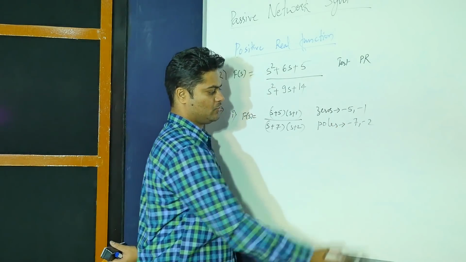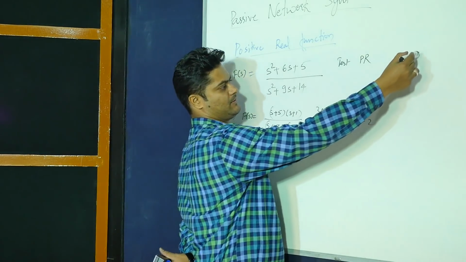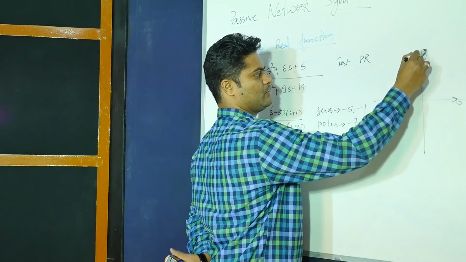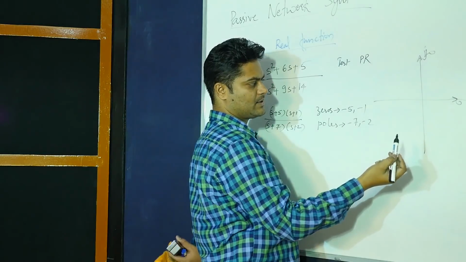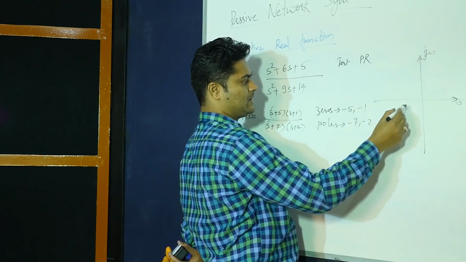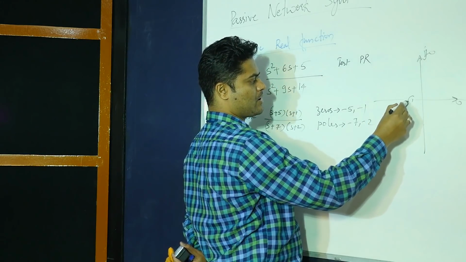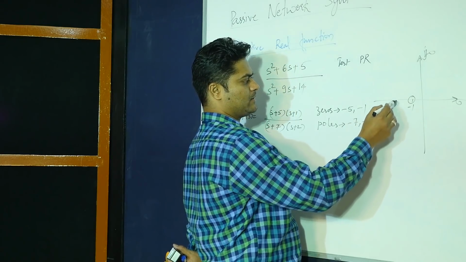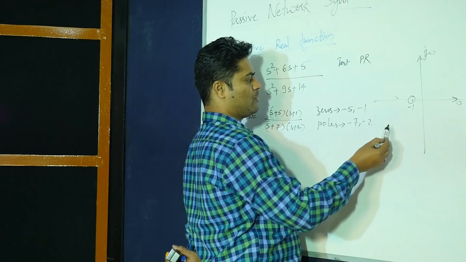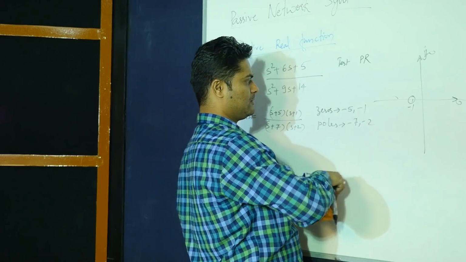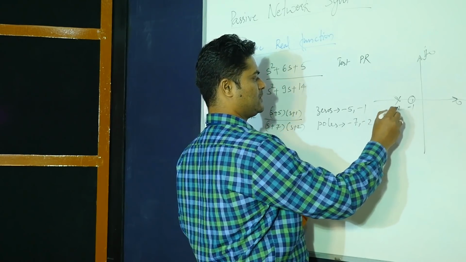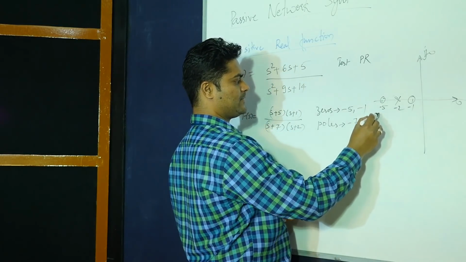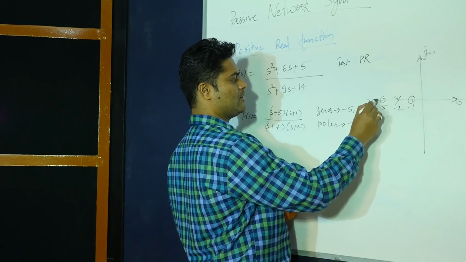If I plot the s domain, sigma and j omega axis, at minus 1 I have a zero, at minus 2 a pole, at minus 5 a zero, and at minus 7 again a pole.